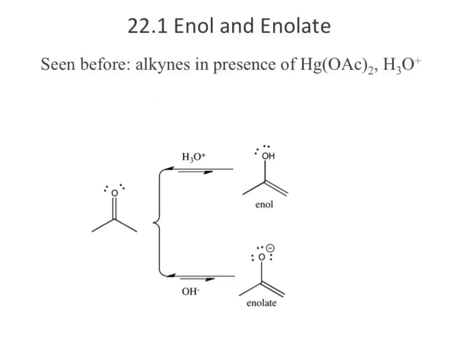When we're talking about the chemistry, we're going to start with a carbonyl, and under either acidic or basic conditions, we can convert the structure over into either an enol or an enolate. The enolate is going to be the primary driver for all of our reactions. Why would the enolate be our primary driver? We don't have the stability that we see in the enol.